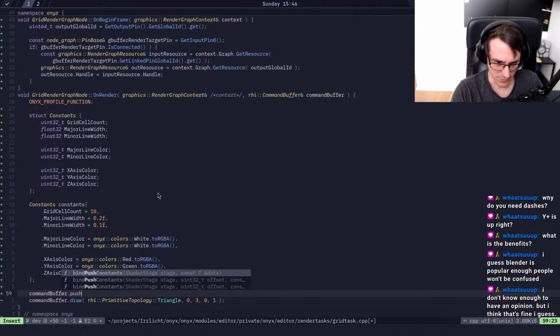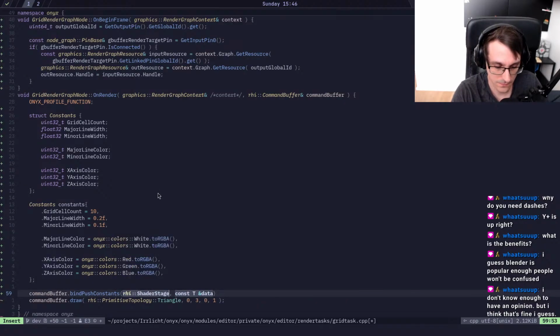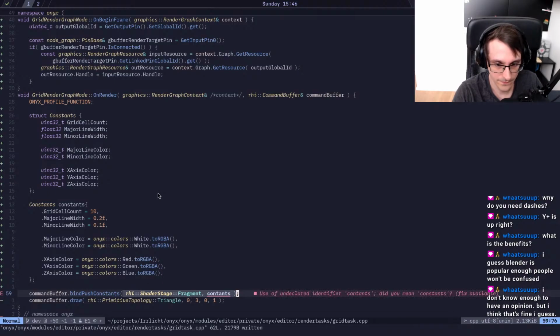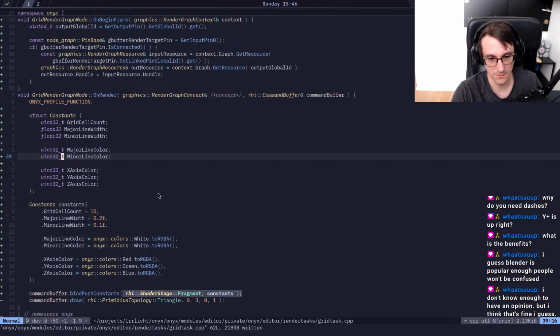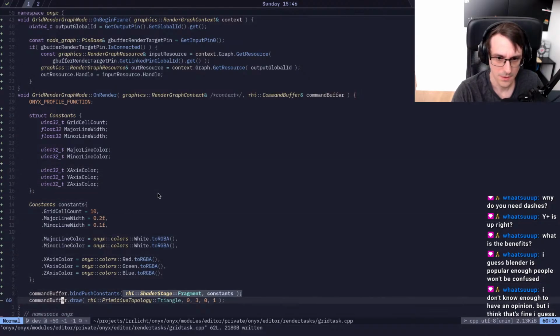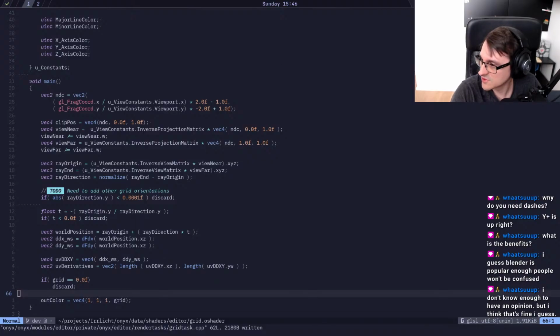So push constants, find push constants. Okay. Constants. Why is that looking so weird? Whatever. So that should push those, which is great. So we should have all of those informations now there, and then we can do just the major grid for now, right?